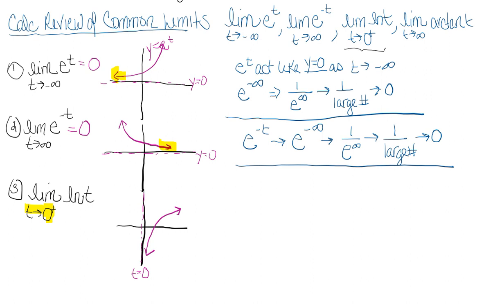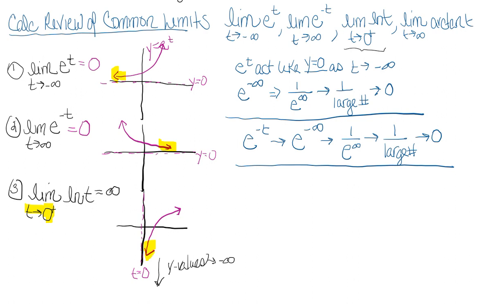So in this case, the function, as it approaches 0 from the right-hand side, it doesn't even approach it from the left, what is happening to your y values? Well, your y values are going through the floor, right? The y values are going to negative infinity, and that is the evaluation of that limit. It is negative infinity. So definitely know the graph of the natural log. It pops up enough, you need to know it.